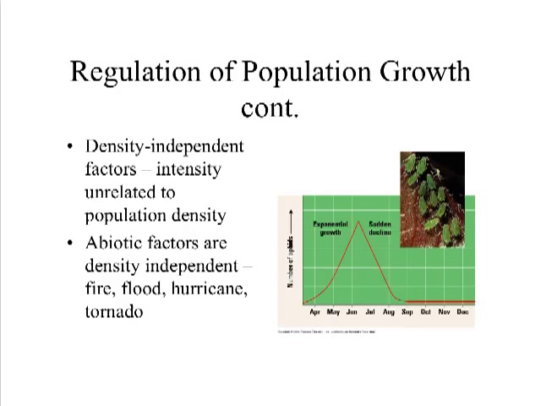So fire, flood, hurricanes, tornadoes, all those natural disasters that can hit an area are what we call density independent factors, because it doesn't matter if you've got a very low population of species in an area, or a very high population of species in the area. A tornado or flood is going to affect all of those. So these are what we call density independent factors.